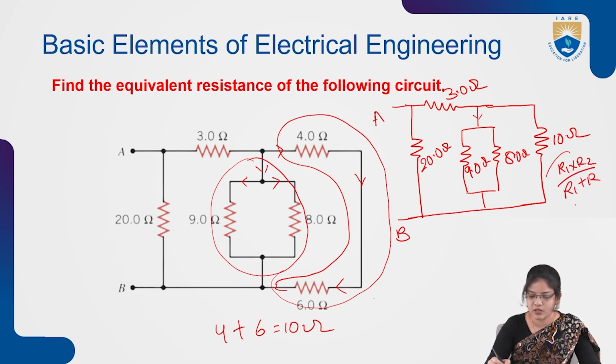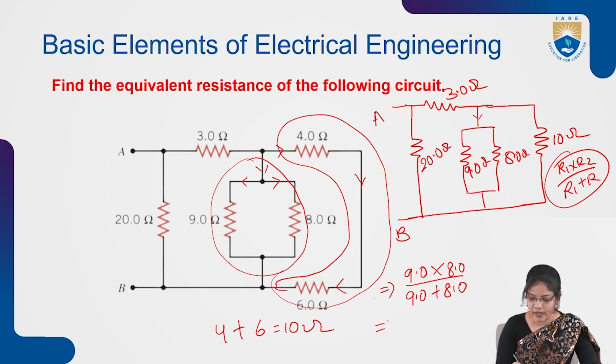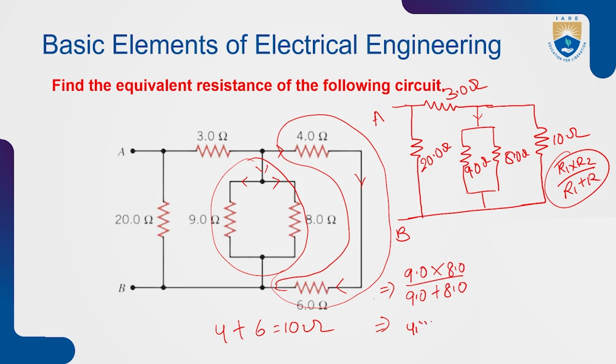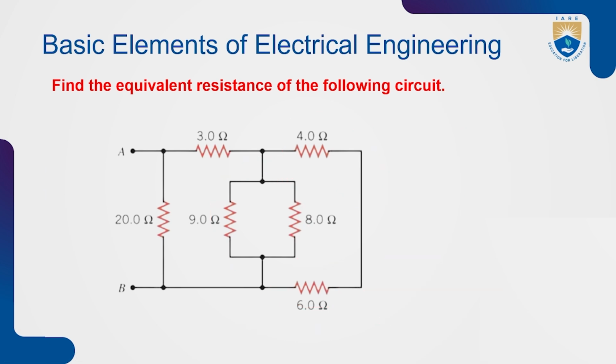Using this formula, we reduce this circuit: 9.0 into 8.0 by 9.0 plus 8.0. So the value of this resistance will be 4.235 ohms.